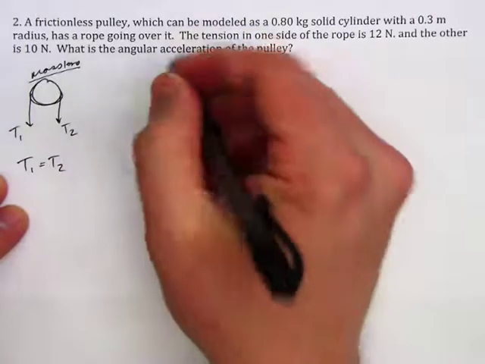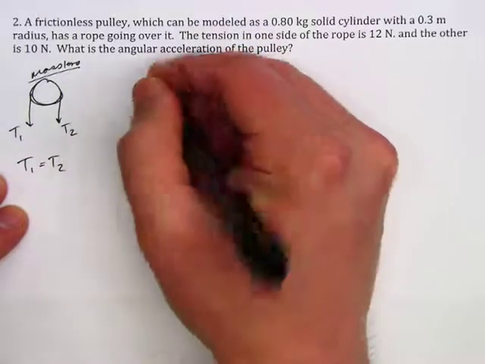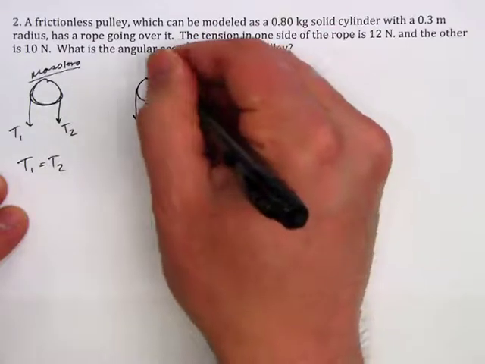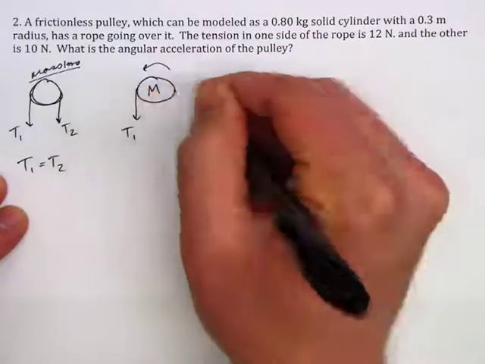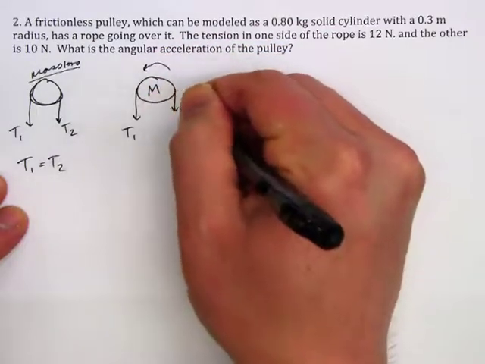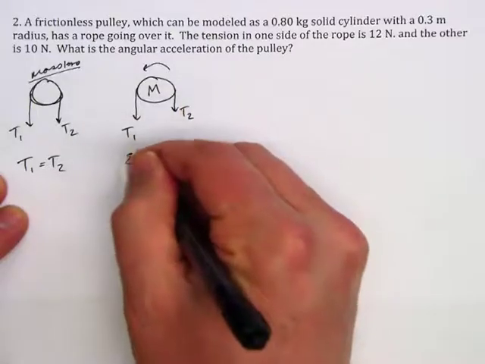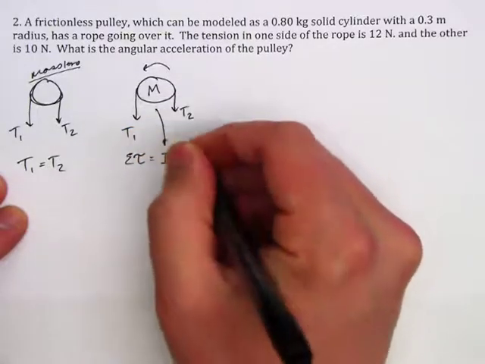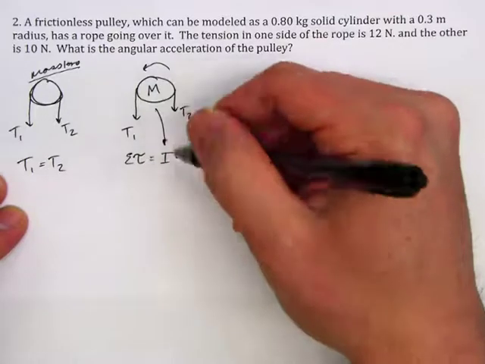But as soon as your pulley has mass, in order to rotate something with mass, let's say to the left, all of a sudden now I have to account for the fact that the net torque has to overcome this moment of inertia.